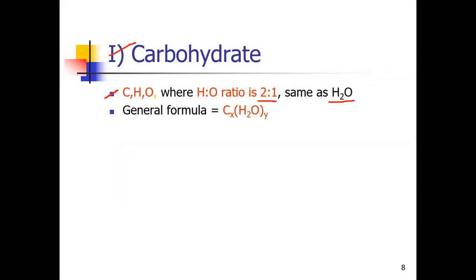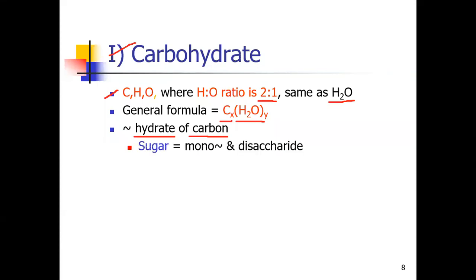So the general formula for a carbohydrate is CxH2yOy. Now, in the word carbohydrate, hydrate actually stands for water. So carbohydrate is a hydrate of carbon. Based on the formula, you can see that it's like water together with carbon. It's like you're adding water to carbon. So it's hydrate of carbon, so carbohydrate.